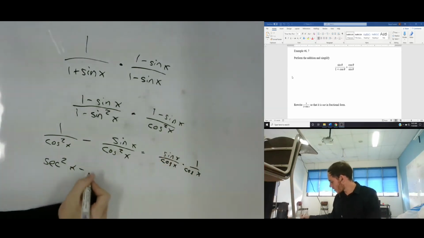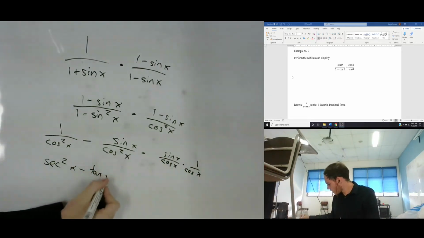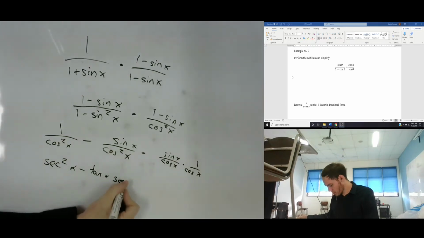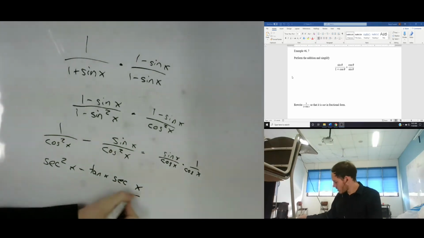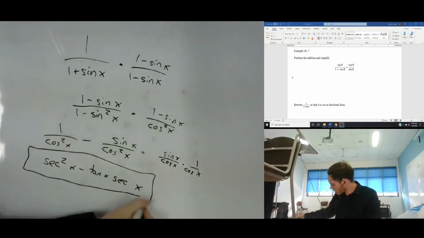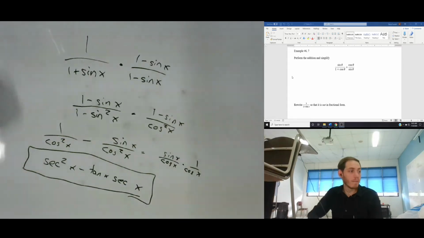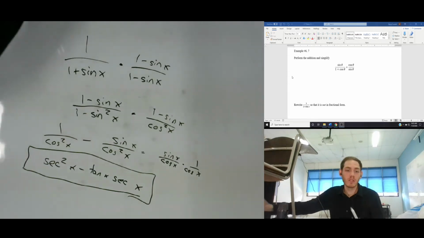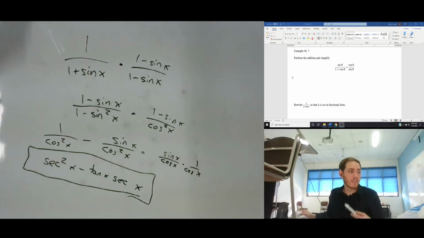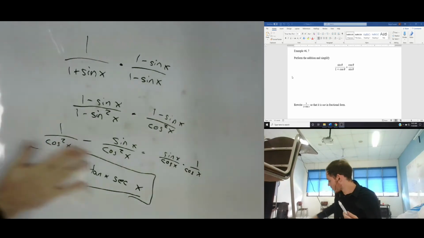So sine over cosine is tangent times secant of x. So our answer is secant squared x minus tan x times secant x. Okay, we're going to work through many problems, so don't worry if this is difficult.